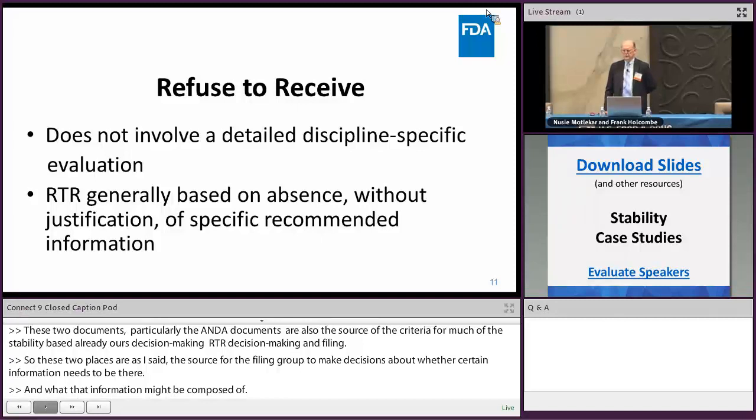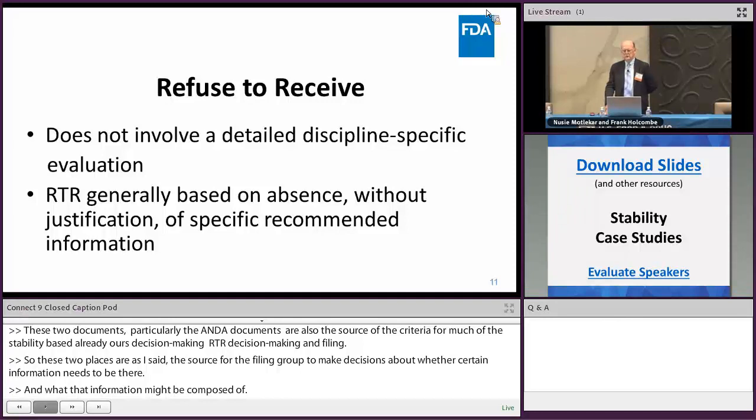Just want to repeat something that hasn't been said that's been implied in the very early talks this morning. Refuse to receive decision does not involve a discipline-specific evaluation, a detailed discipline-specific evaluation.